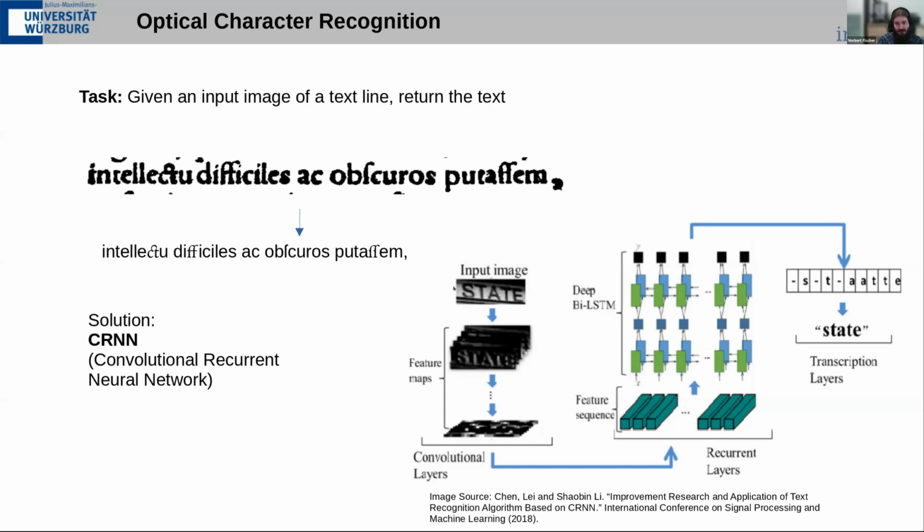So for example, as you can see here, on the left side of the input image, there is nothing. Therefore, the LSTM predicted an empty token. Then there is the letter S. Therefore, we predict the letter S, and so on. And this representation is then concatenated to the final transcription, which in this case would be state for the input image.